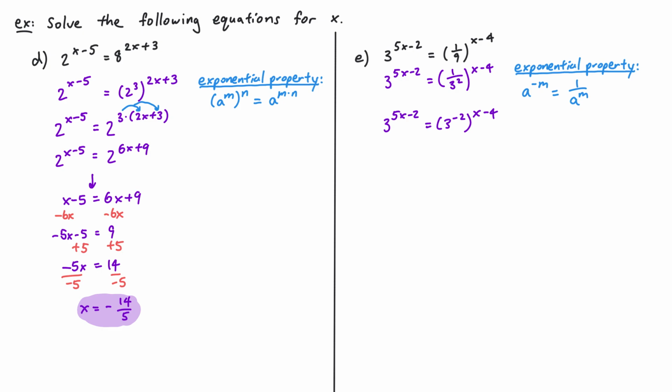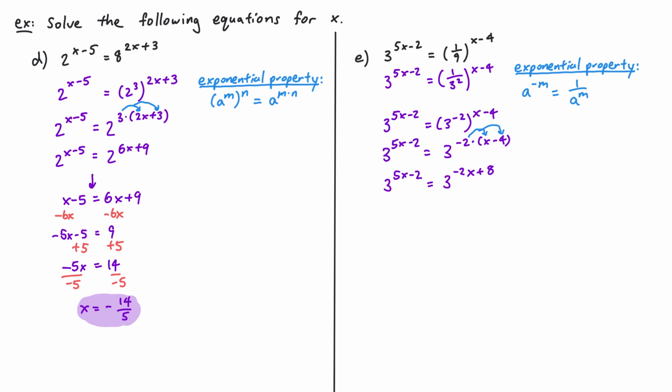So this is going to be 3 to the power of 5x minus 2 equals 3 to the power of negative 2 times x minus 4. To multiply out this exponent, we need to distribute the negative 2. So we end up with 3 to the power of 5x minus 2 equals 3 to the power of negative 2x plus 8.